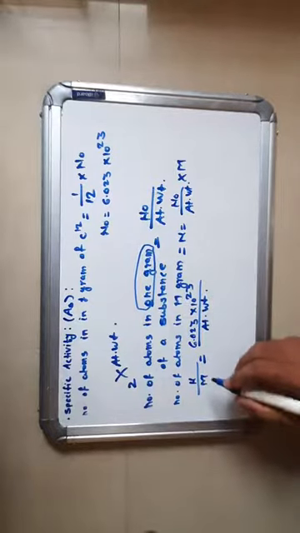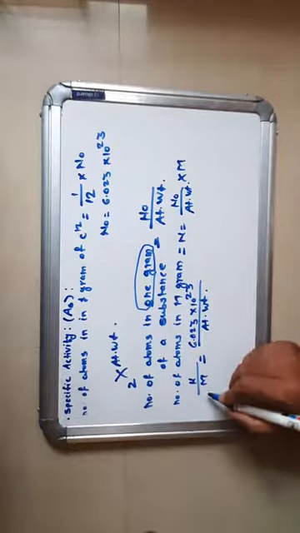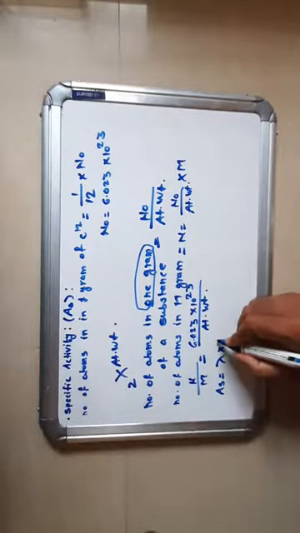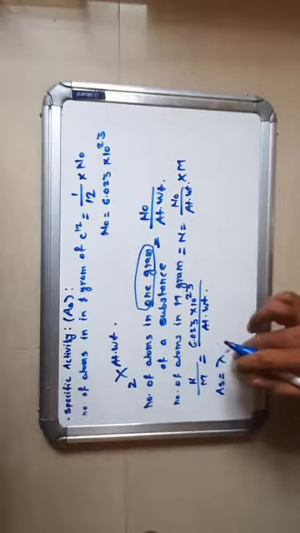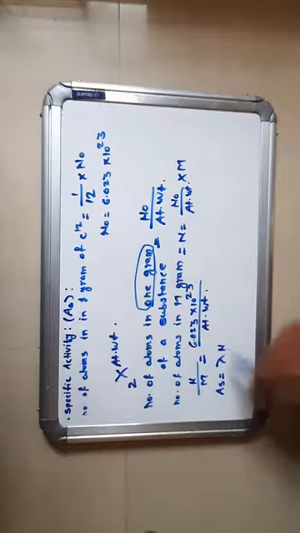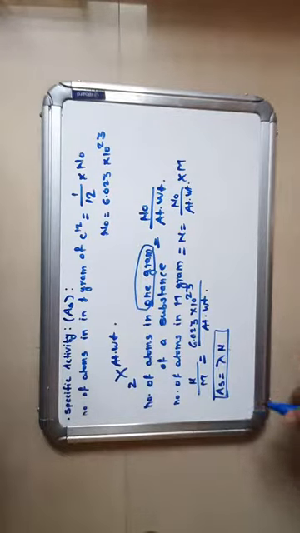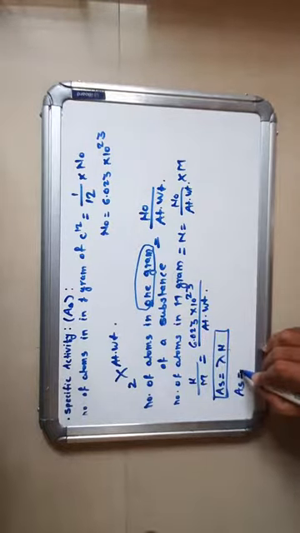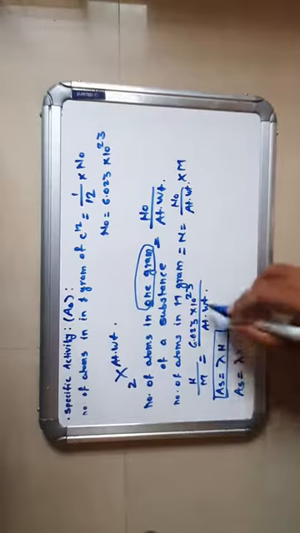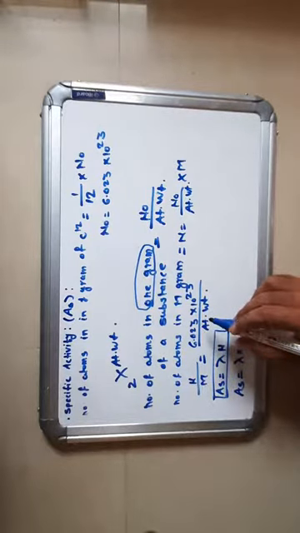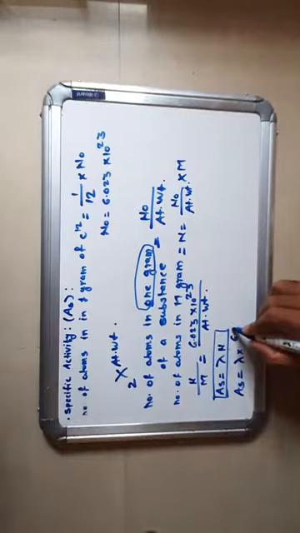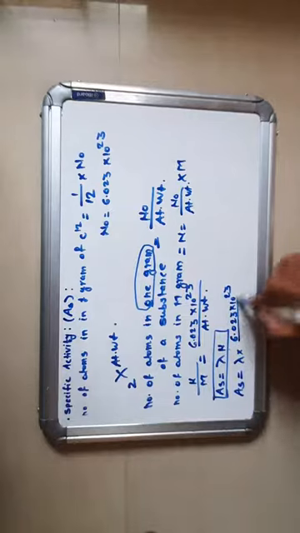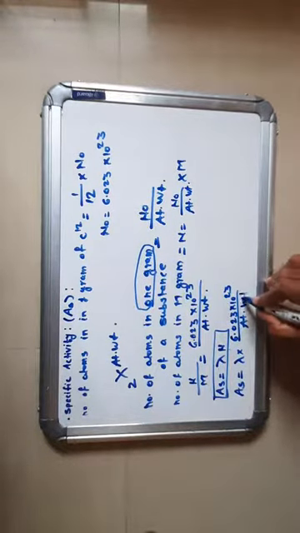right? Then specific activity A_S is equal to lambda N. The general formula is lambda N. Specific activity A_S is equal to lambda N. Now substitute the value of N: it is 6.023 into 10 raised to 23 divided by atomic weight, right?